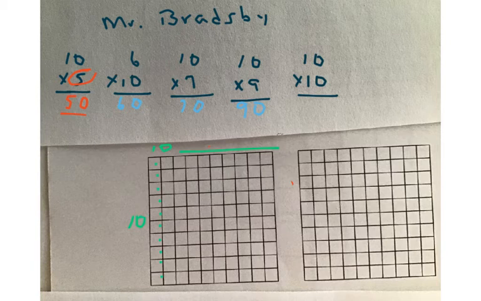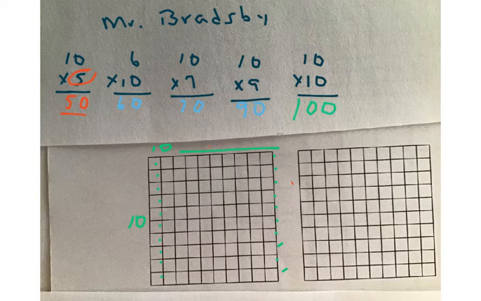And that's what we've got here, 10 times 10. So our rectangle is 10 by 10. And if we counted those by tens, 10, 20, 30, 40, 50, 60, 70, 80, 90, 100. So 10 by 10 is 100.